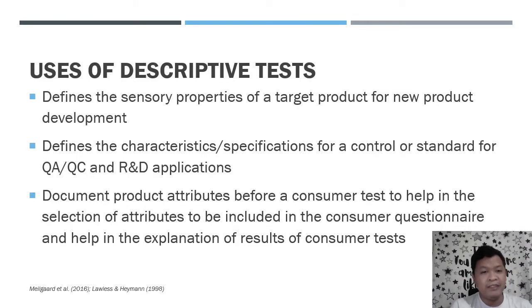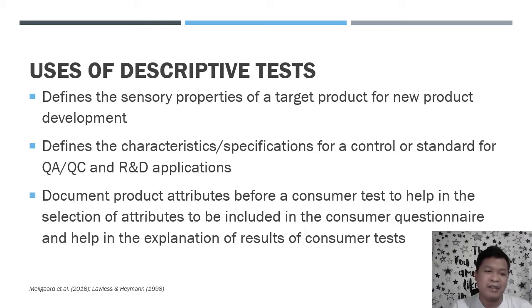So before we dive into the nitty-gritty, first let's look at saan ba ginagamit itong mga descriptive test. So of course, when we want to define the sensory properties of a food product for new development, okay, so we want to make a profile for that product, of course, to compare it to maybe what's existing in the market, okay?